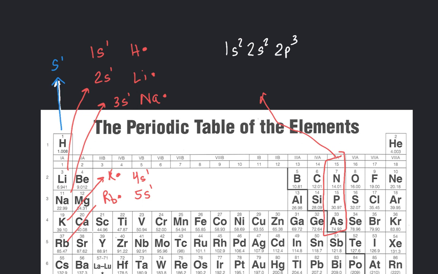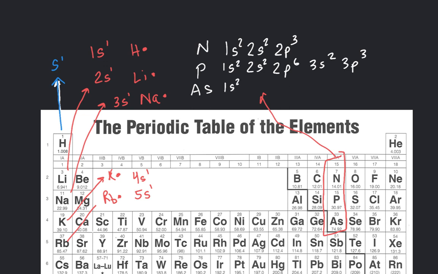That's nitrogen. And then let's do phosphorus: 1s2, 2s2, 2p6, 3s2, 3p3.